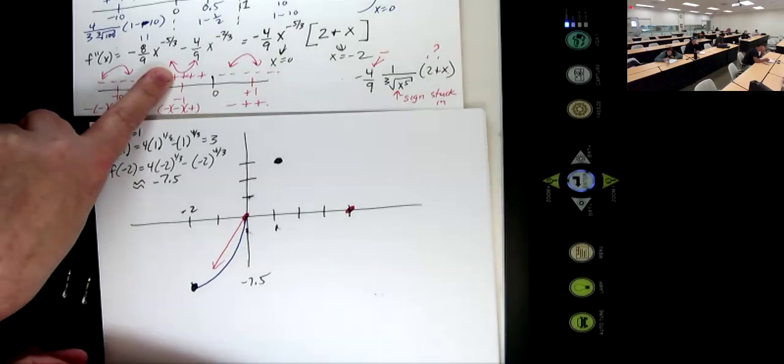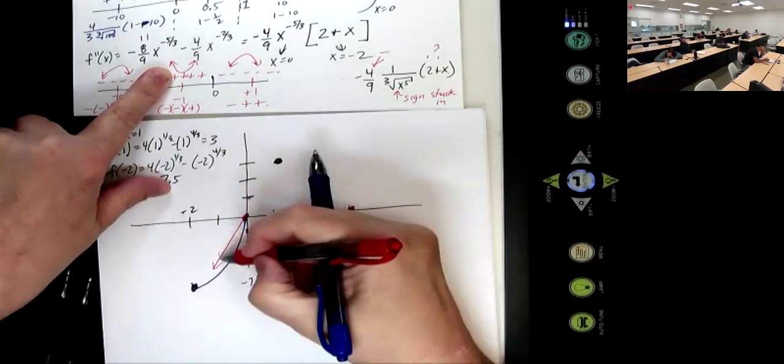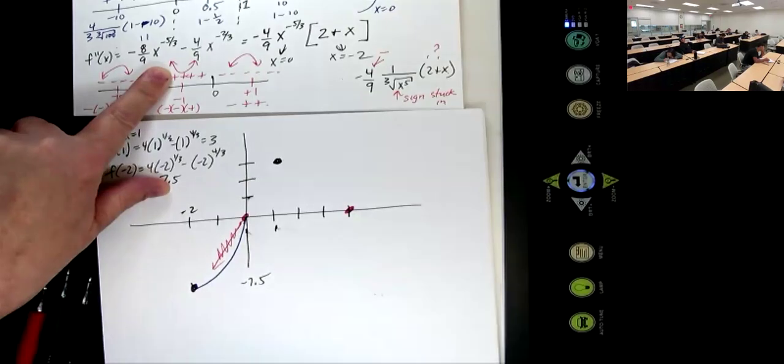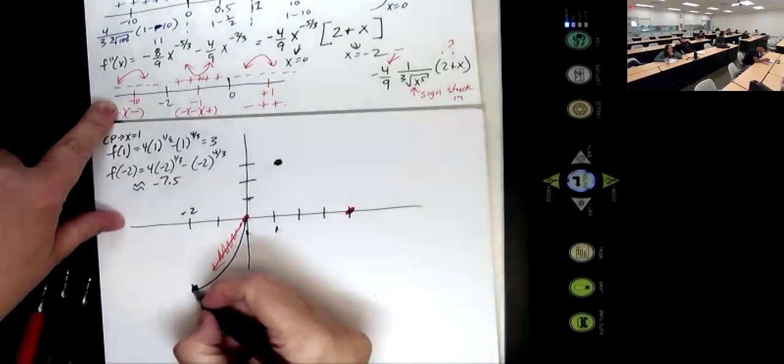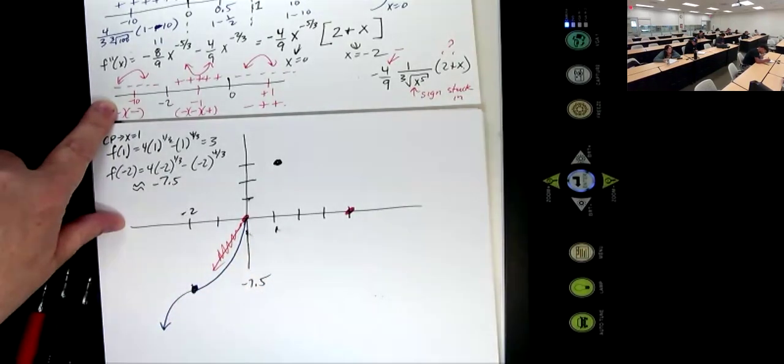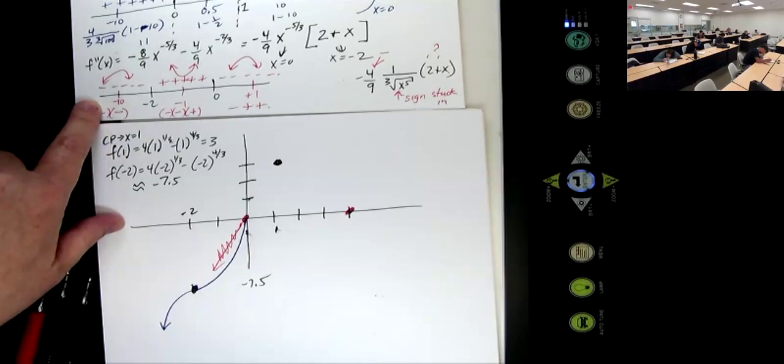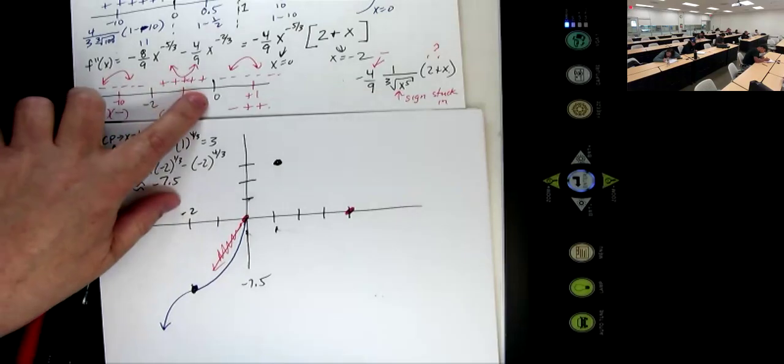So ignore the red line. The concavity to the left of -2 was downward, and the concavity to the right of 0 was downward as well.